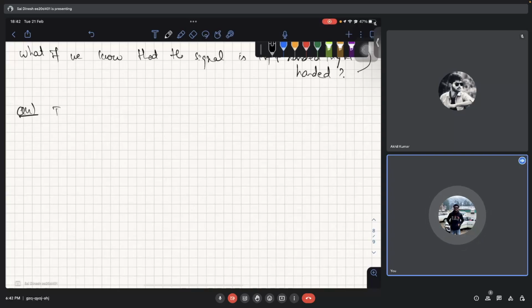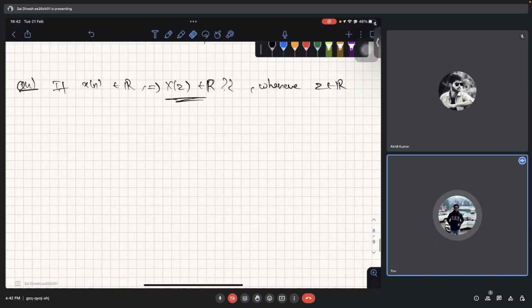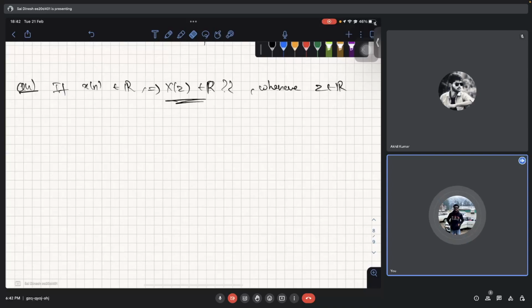Let's say x of n is real valued. Then does this happen whenever z is real valued? Any idea how to approach it? What do we have?